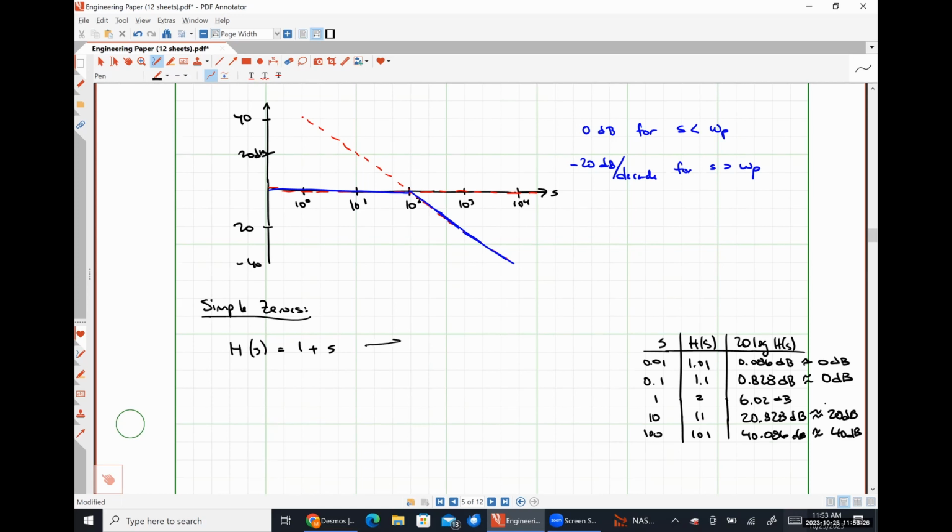So in general, we can say that this transfer function looks like 1 for s much less than 1, and it looks like s for s much greater than 1.